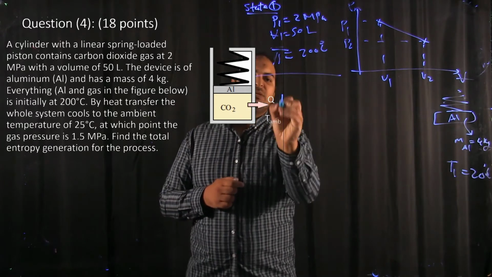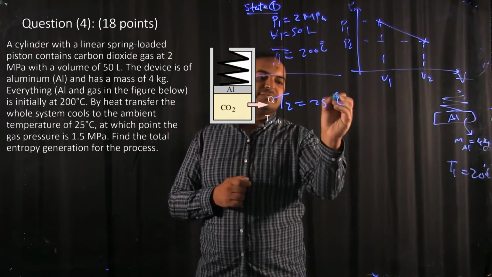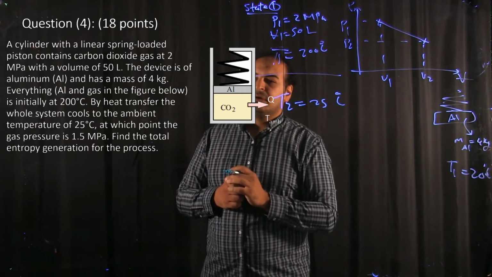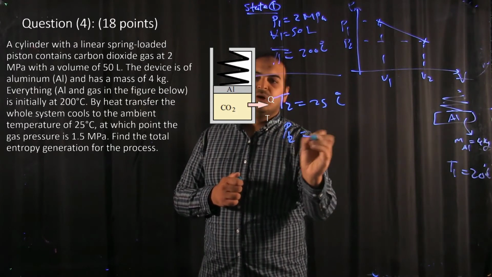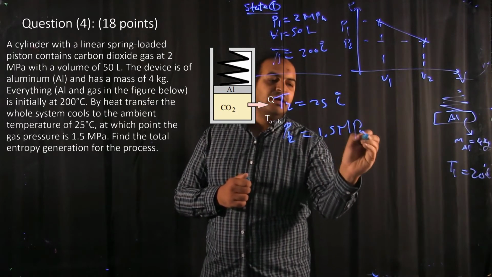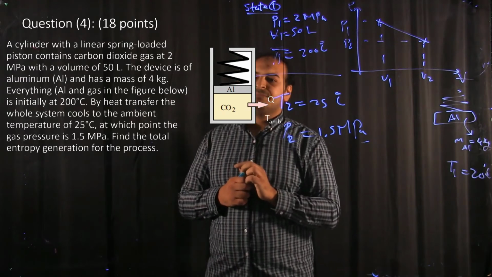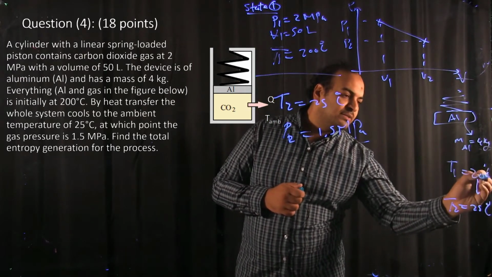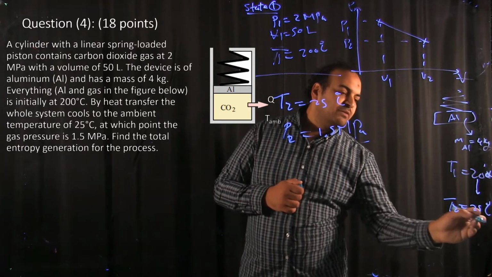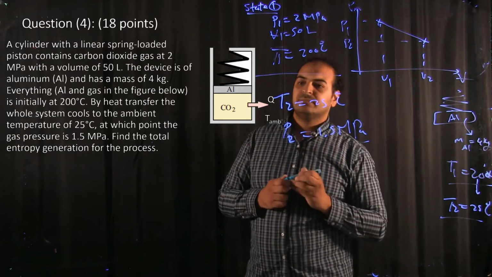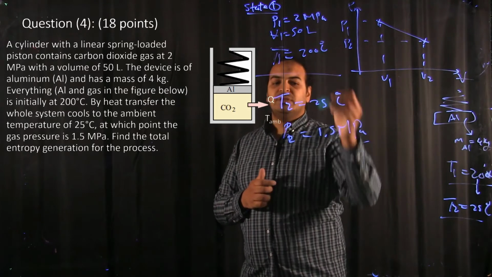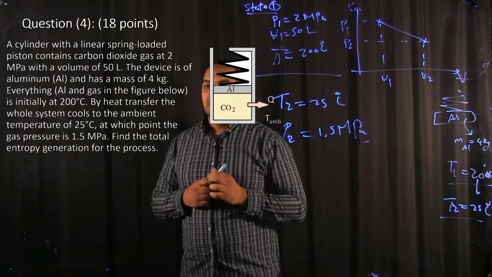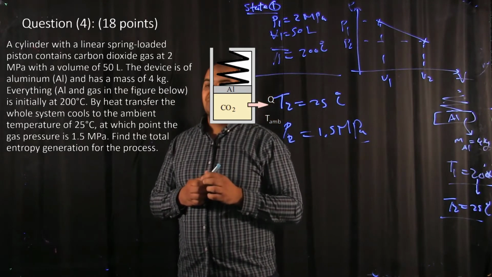So T2 is 25 Celsius. The pressure P2 was 1.5 megapascal. I have everything at state 2. T2 became 25, dropped from 200 Celsius to 25 Celsius for aluminium, and here it drops from 200 to 25 as well. Find the total entropy generation.